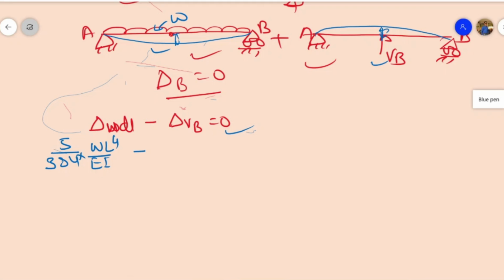So here you can say VB times L cubed by 48 EI equals 0.